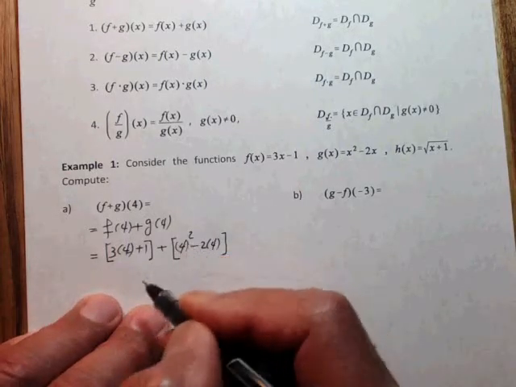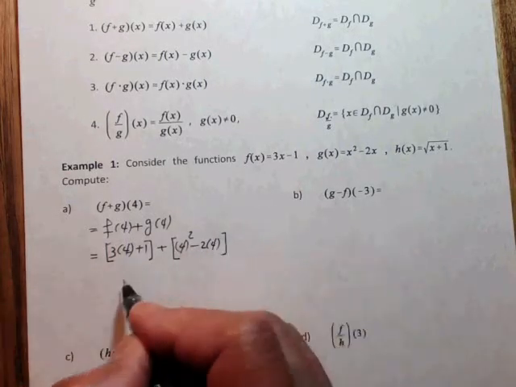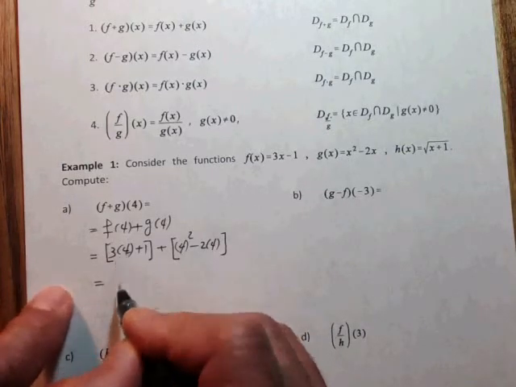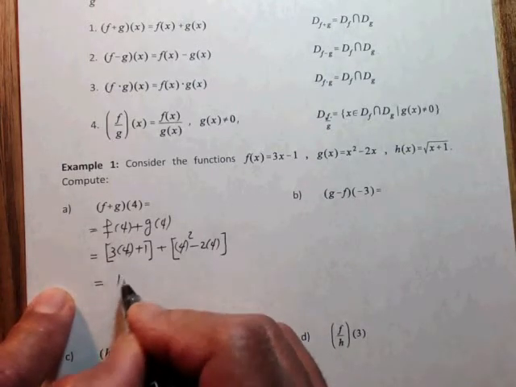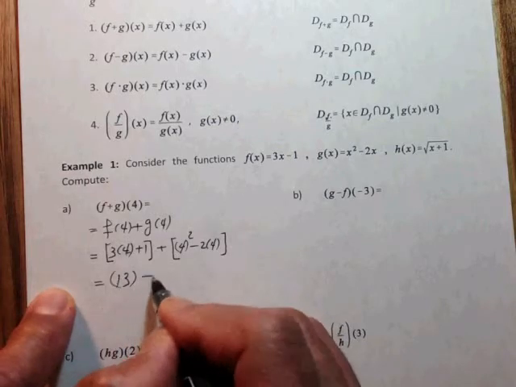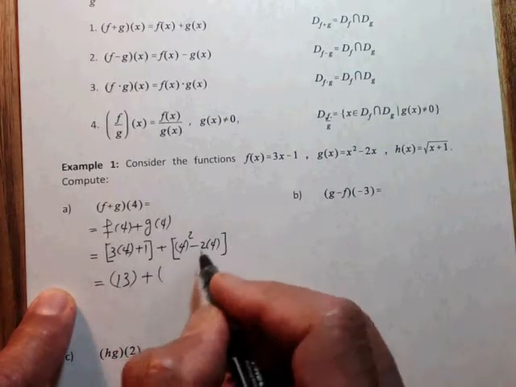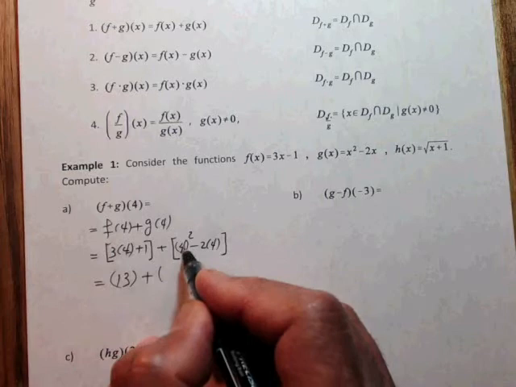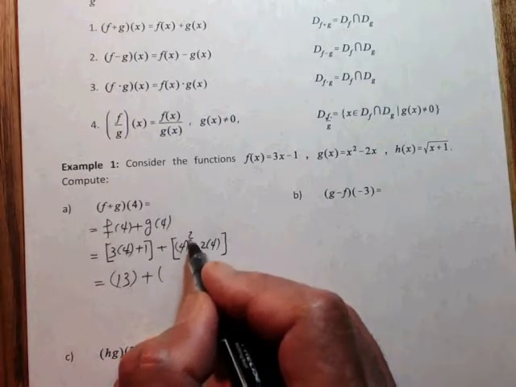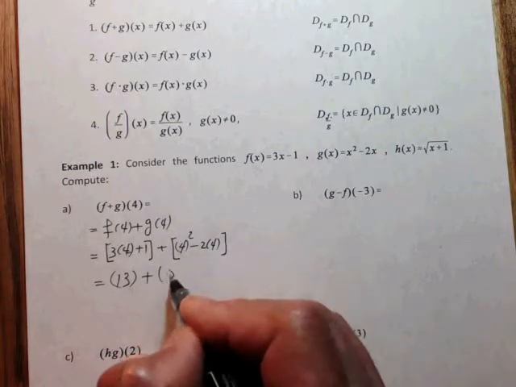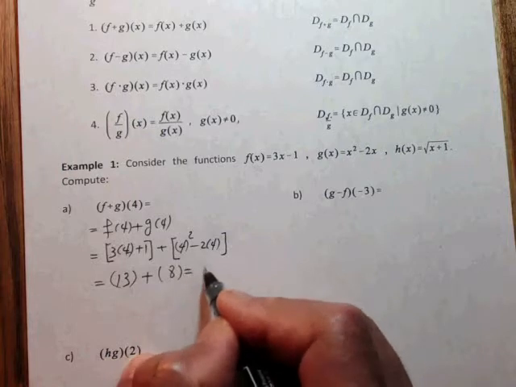Actually, I should use parentheses around it. So 3 times 4 is 12 plus 1 is 13, plus 8. 4 squared is 16, minus 8 is 8. So this is 21.